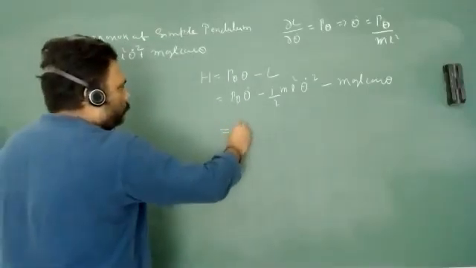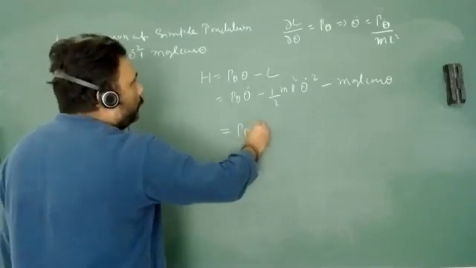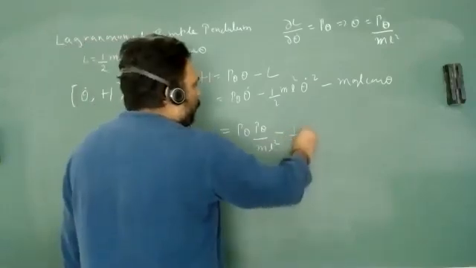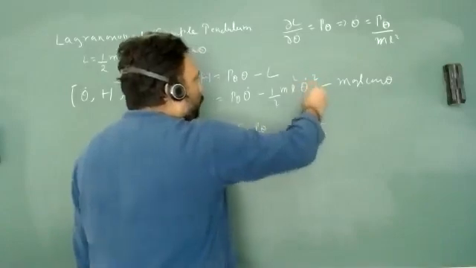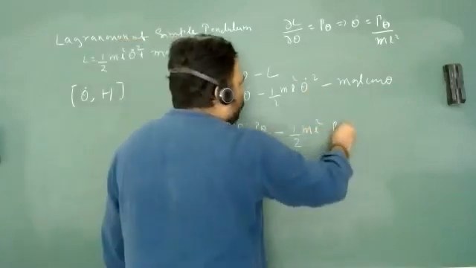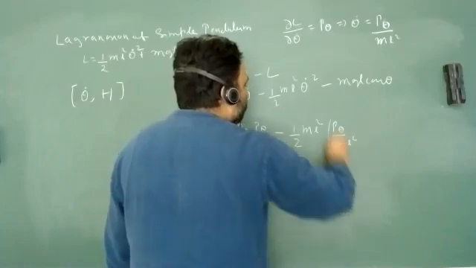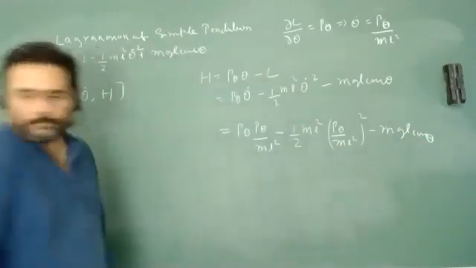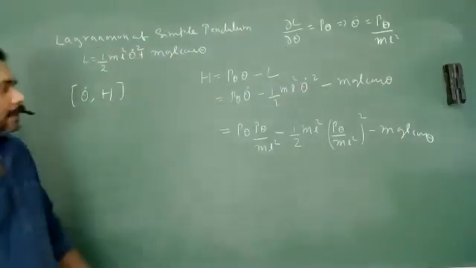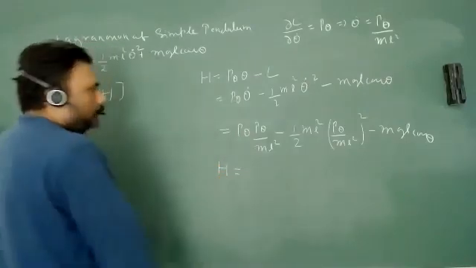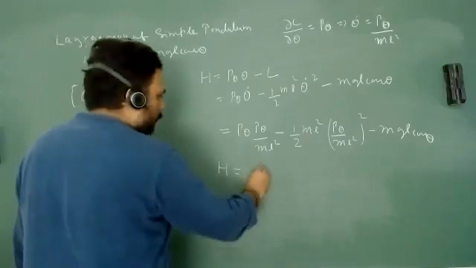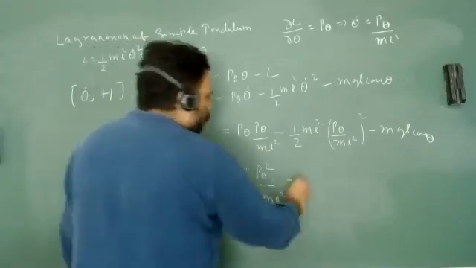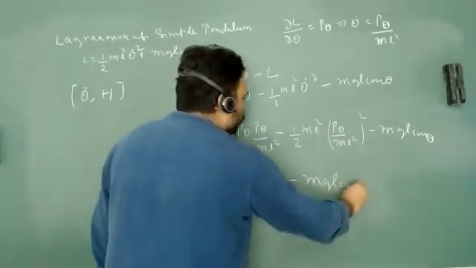Then this value is P theta times P theta upon m l square, minus half m l square times theta dot, which is again P theta upon m l square, whole square, plus mgl cos theta. Then you can find the Hamiltonian, and this Hamiltonian can be written as P theta square upon 2 m l square minus mgl cos theta.